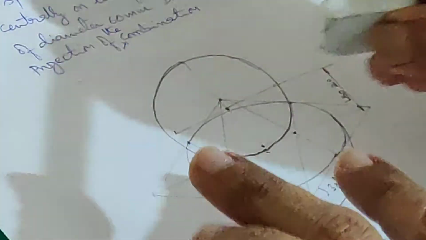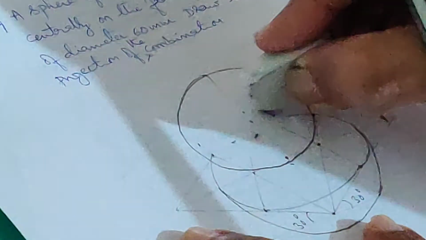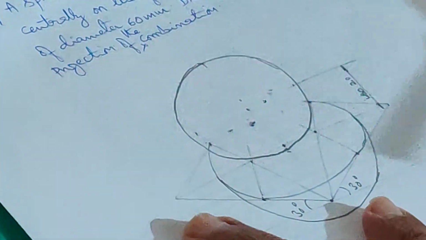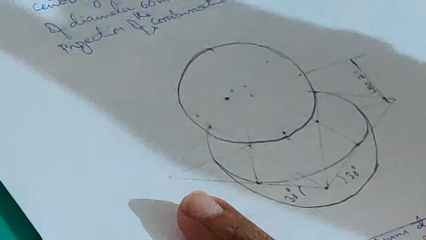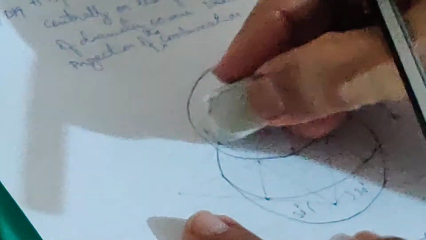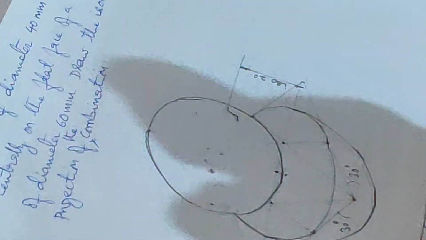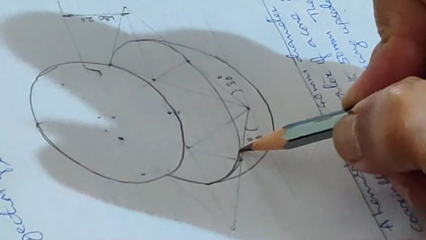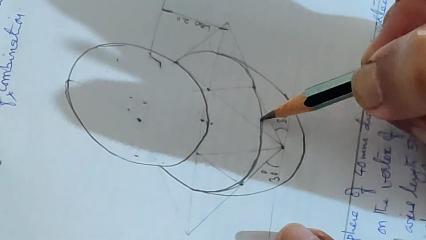So now whatever lines you have within the sphere can be erased. And the portion that is visible has to be made dark. Even while making the arcs dark, you have to use compass only, don't use freehand. If you use freehand, it looks ugly.